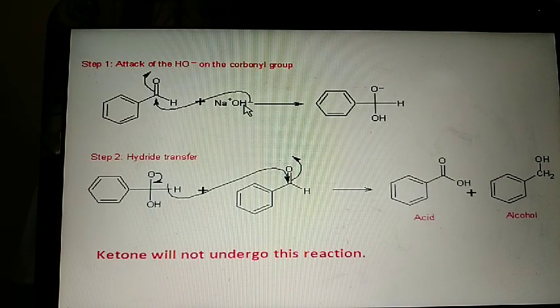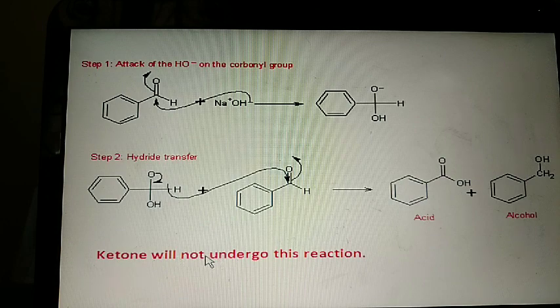You can see here NaOH reacts with this benzaldehyde, this carbonyl group. This OH is a nucleophile and attacks here, and this O minus comes back and this hydrogen will go, with the breakage of the pi bond between carbon and oxygen. So this molecule becomes a carboxylic acid, and this molecule becomes an alcohol.